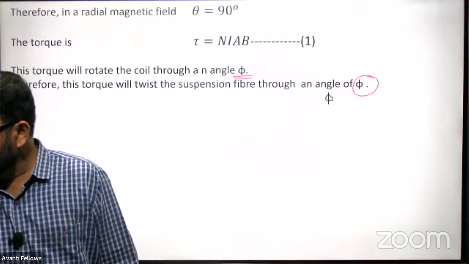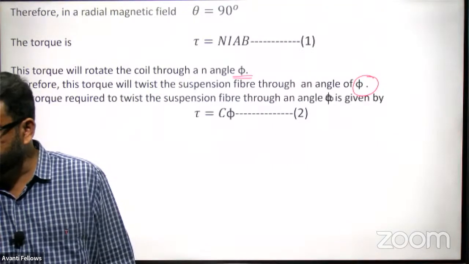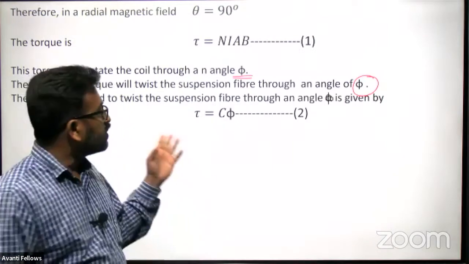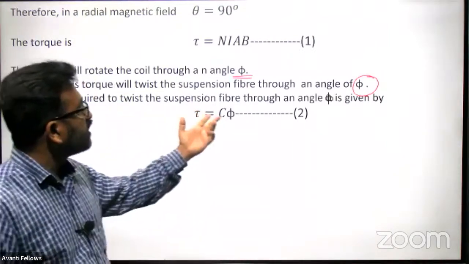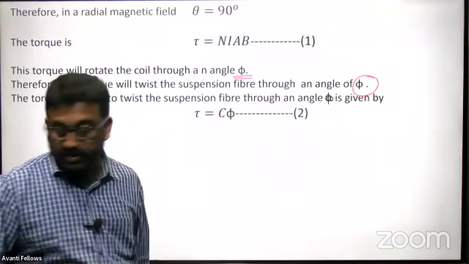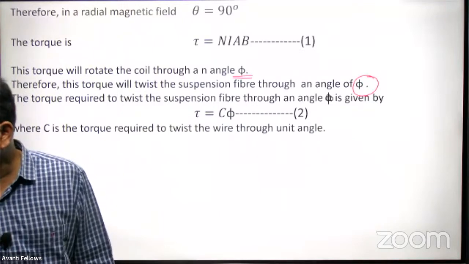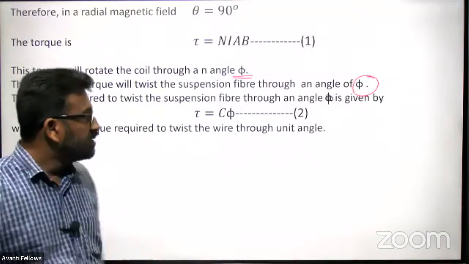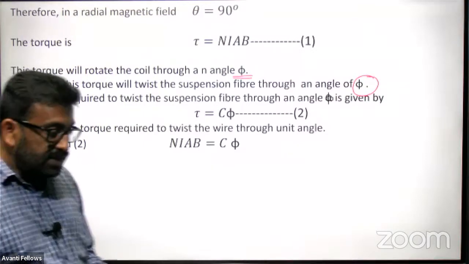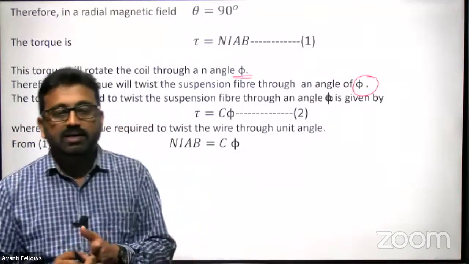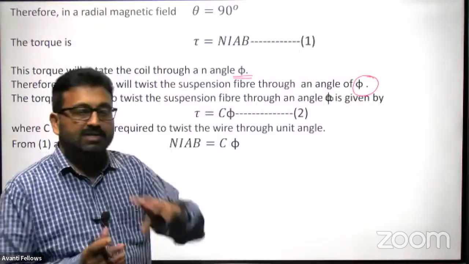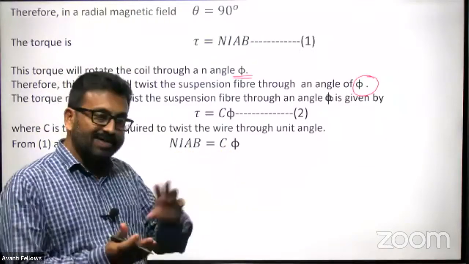The torque required to twist the suspension fiber through an angle phi is given by C phi, where C is the torque required to twist through unit angle, and both will be equal. One is the deflecting torque, which is trying to deflect the coil, and the second is the restoring torque.